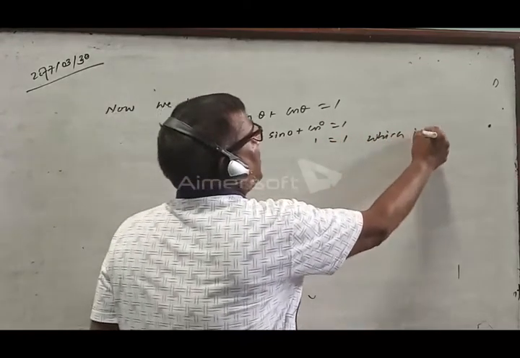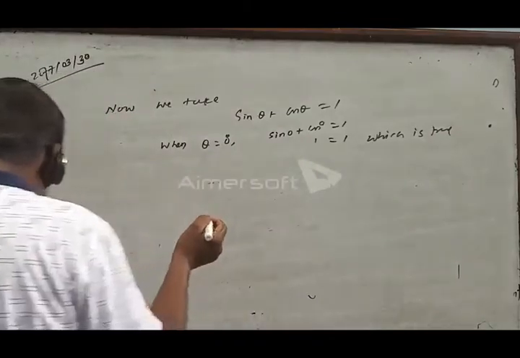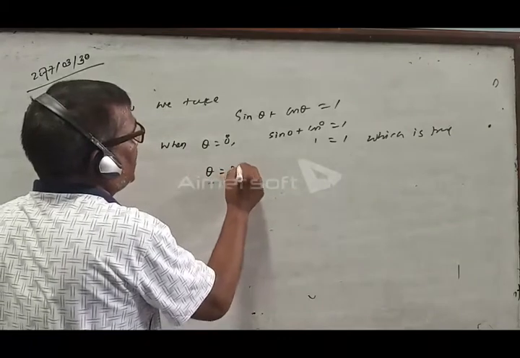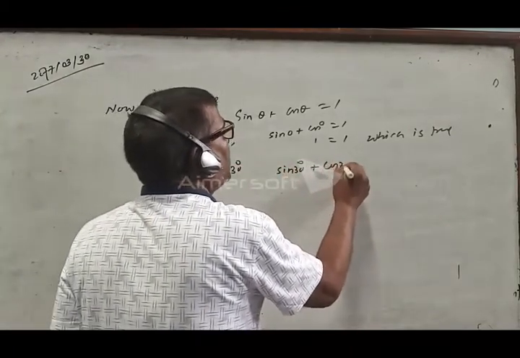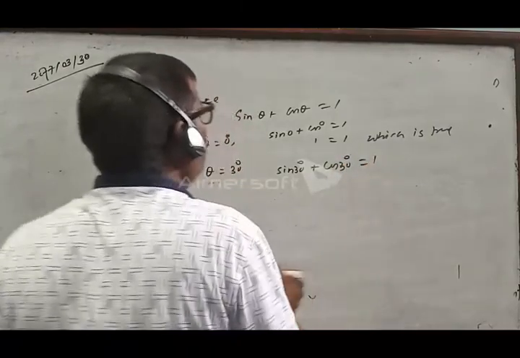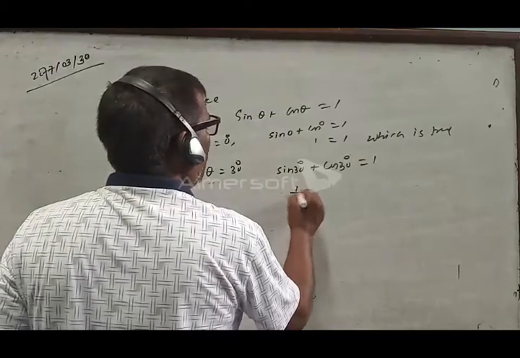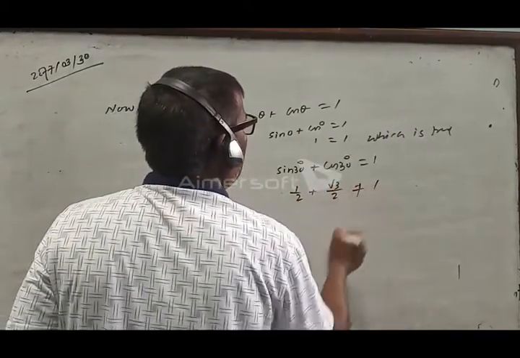Similarly, it is not true for theta is equal to 30 degree. Sin 30 degree plus cos 30 degree is equal to 1? Sin 30 degree means 1 by 2, but cos 30 degree means root 3 by 2, so it is not equal to 1.